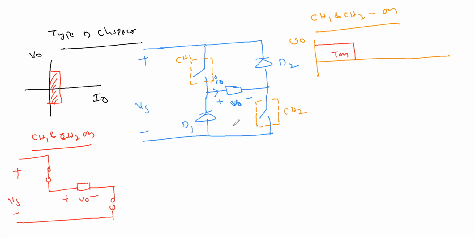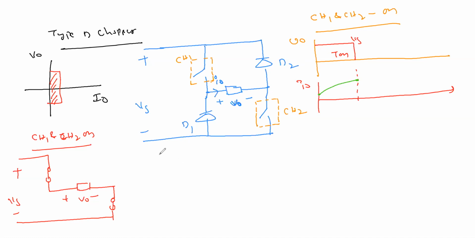V naught equals Vs. Diodes are off anyway. Now what is happening here? During this period, I naught, this is an RL load, right? By default I told you it is an RL load. The current is getting charged up, the current keeps on increasing, something like this.